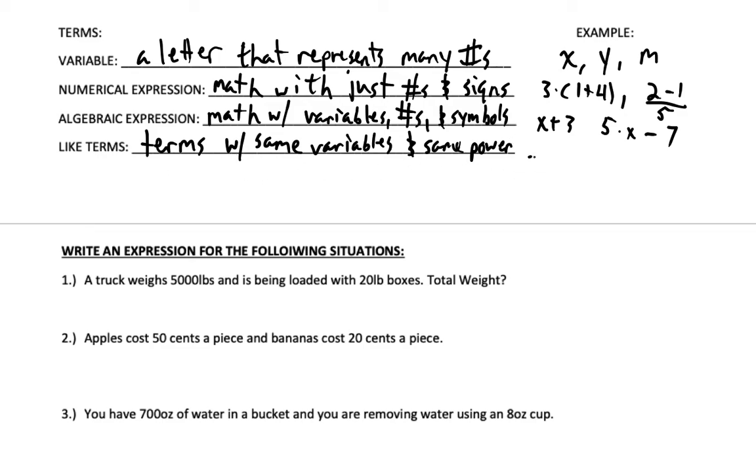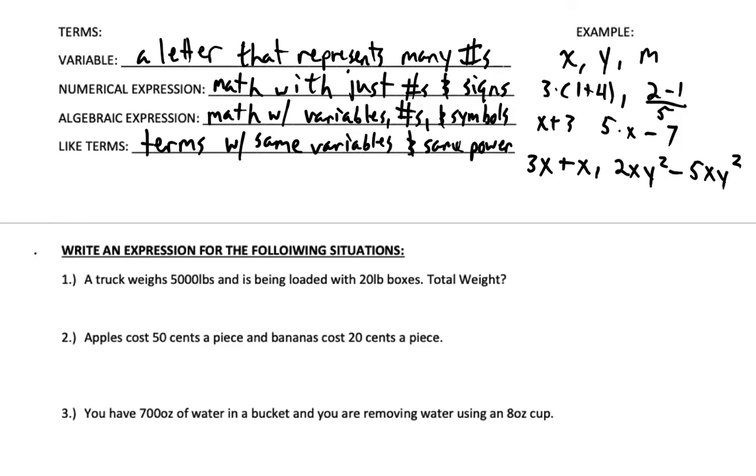Well, it could be something like 3x and x. Or it could be 2xy squared and negative 5xy squared. Right? For both of these terms, we have x raised to the first power, and we have y raised to the second power. So that's what makes these like terms.